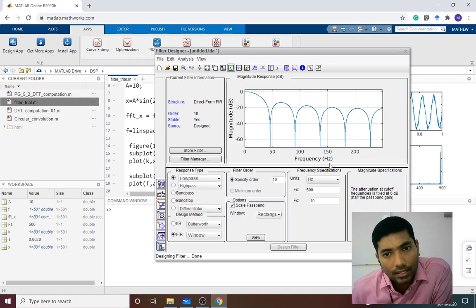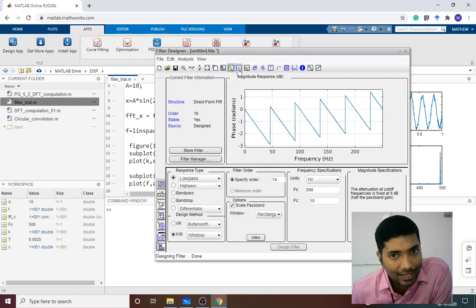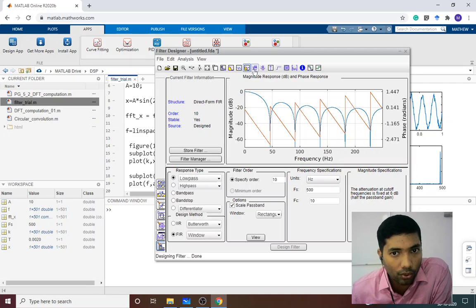Once the filter design is done, there are different options here. I am not going into details of any of these options. You can see the magnitude spectrum, the frequency spectrum, and both magnitude and frequency spectrum together. You can see the impulse response.